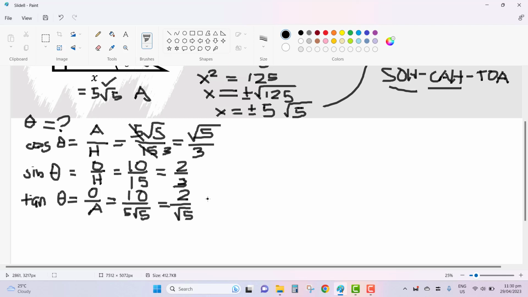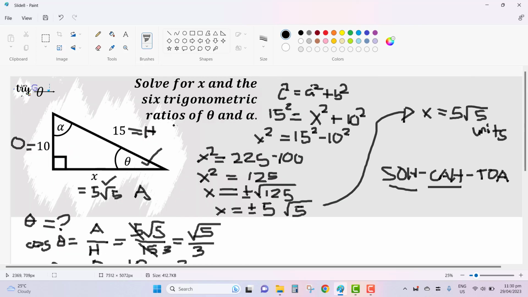However, since a radical expression is found in your denominator, we are going to rationalize this by multiplying a certain value equal to 1 that could remove the radical from the denominator, and that's square root of 5 over square root of 5, so that your denominator will become square root of 25, which is just 5. No need to worry if your numerator contains a radical expression, because it's the denominator that we are concerned with. So these are your first 3 trigonometric ratios for theta.